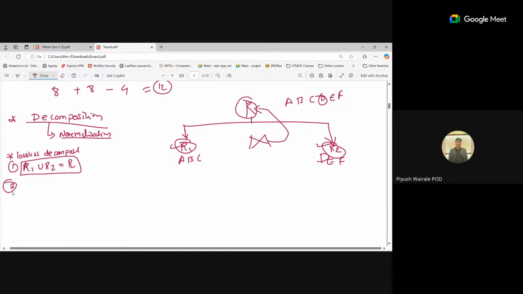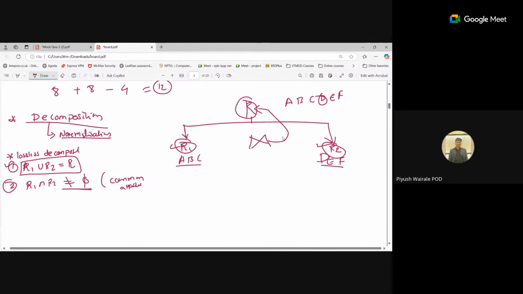Second one: R1 intersection R2 should not be an empty set. What do you understand by that? There should be at least one common attribute. If you see A, B, C and D, E, F, the first condition is satisfied here.